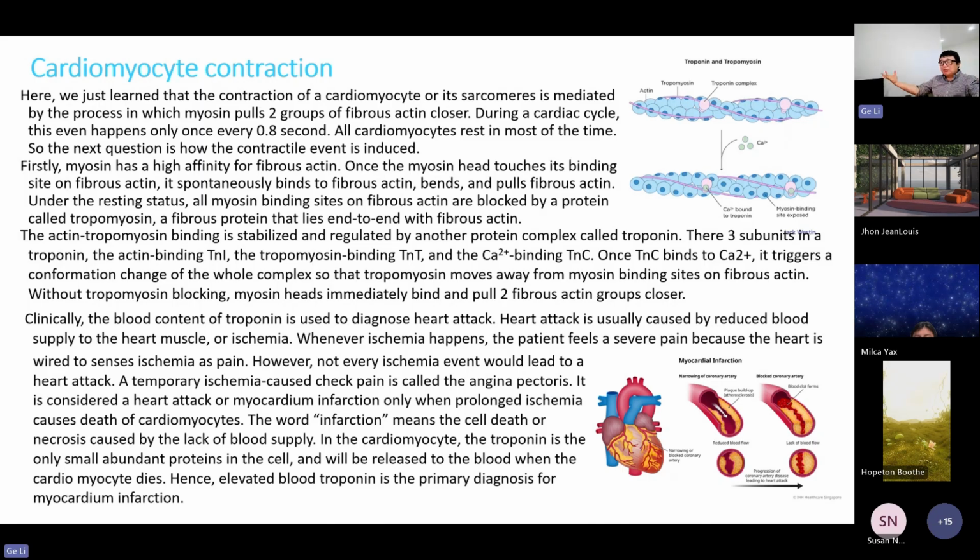You have the myosin binding to the actin and dragging the sarcomere shorter. So now, next question: how can this tropomyosin be removed from the actin? Tropomyosin is anchored to the actin by another protein.